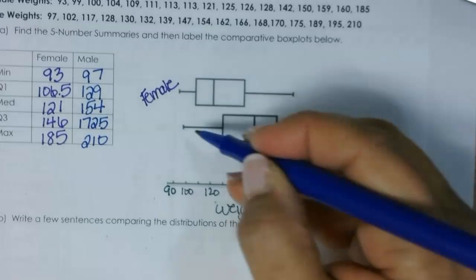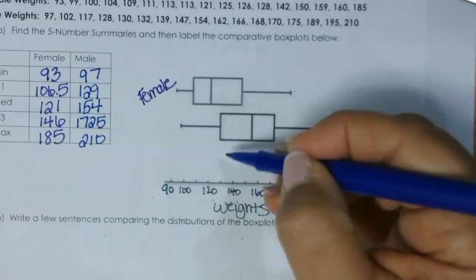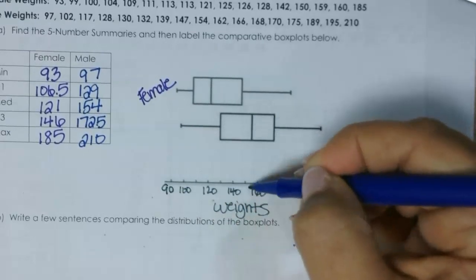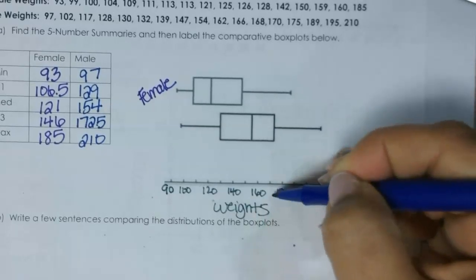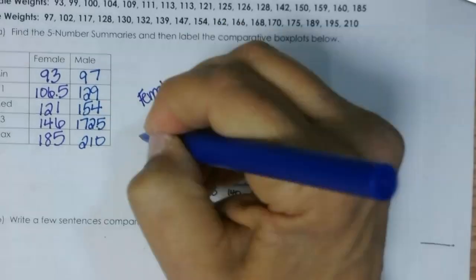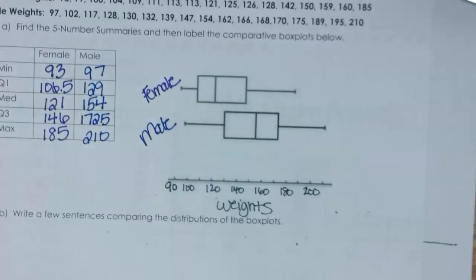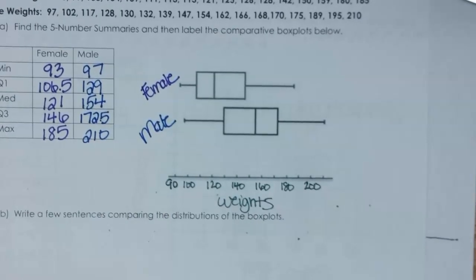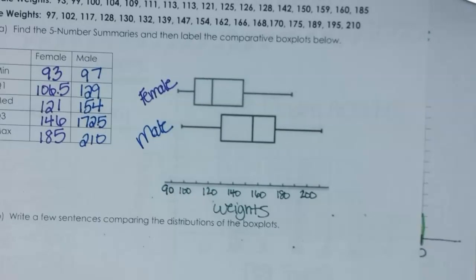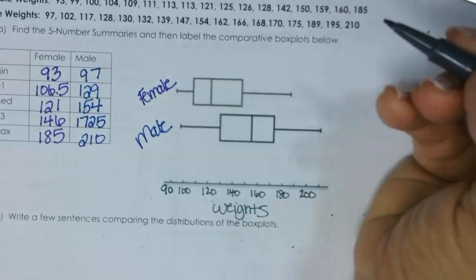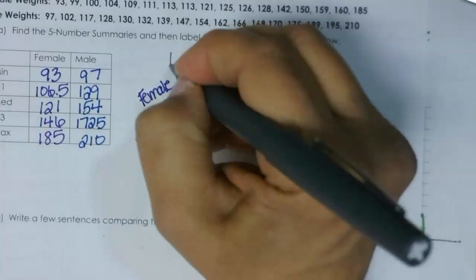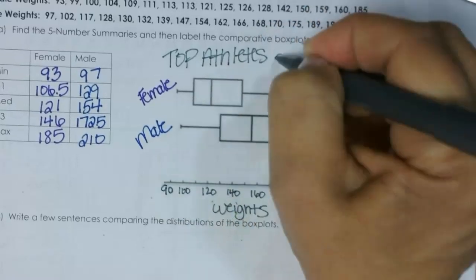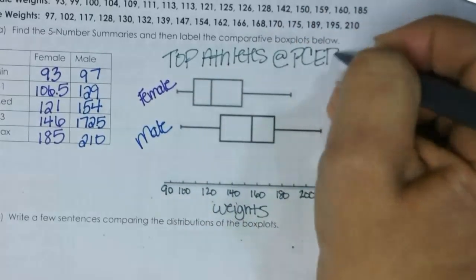Here's the minimum at 97, Q1 at 129, our median at 154, Q3 at 172.5, and our max over here at 210. We'll label this male. And then we'll also put up top, these are supposed to be the top athletes at PSEP.